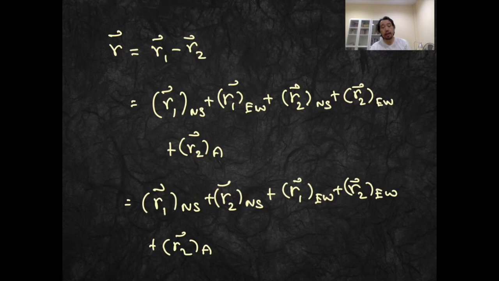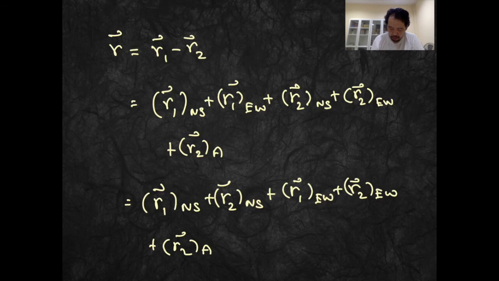And those three groups of vectors are all perpendicular. So at the end we can find the magnitude from the plane to the sinking ship using the Pythagoras theorem very easily.